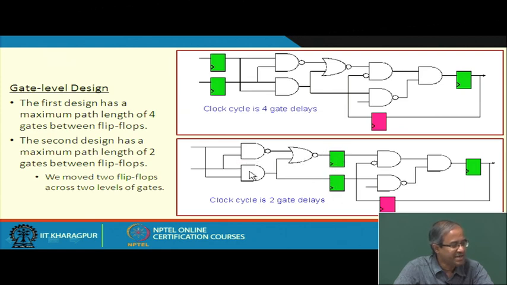Now the delay becomes uniform, 2 and 2. Initially the clock cycle was 4 gate delays, but now the clock cycle is 2 gate delays. So, again the same thing, now the clock can be made faster, but these circuits can be made slower by reducing the supply voltage.